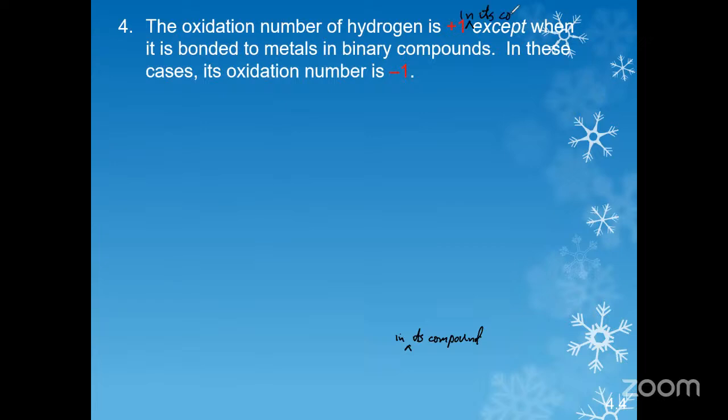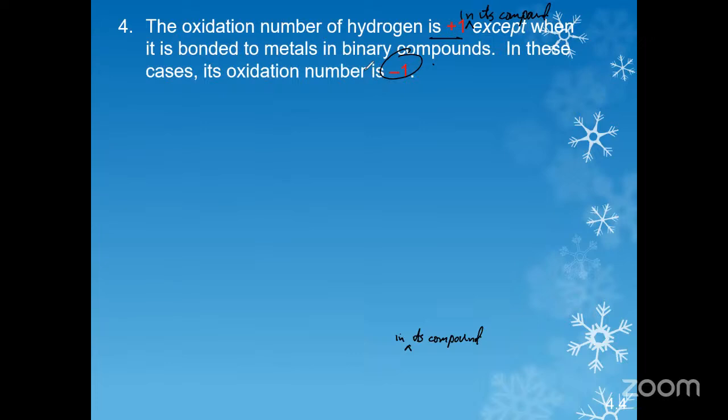In this case, hydrogen is bonded to something other than hydrogen. So if you have hydrogen combined with something else, usually the oxidation number is +1. However, if it's bonded to a metal, then the oxidation number of hydrogen is -1. So it's +1 if hydrogen is bonded to a nonmetal, but it's -1 if hydrogen is bonded to a metal.